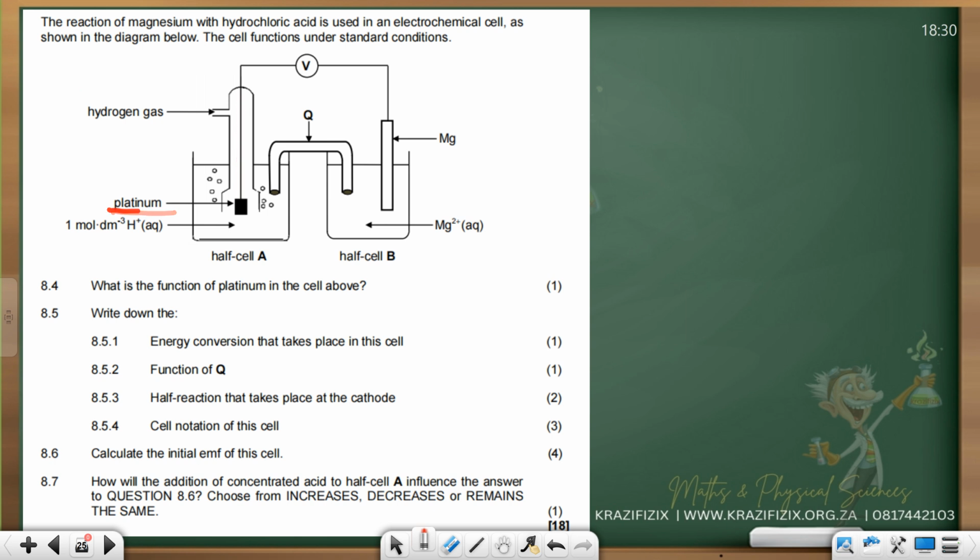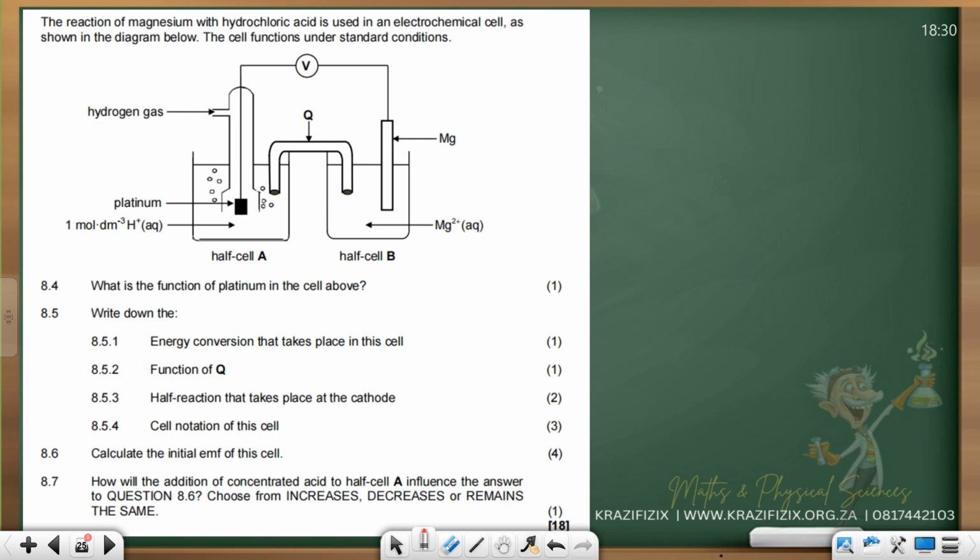That's why we use platinum. Number 1, it's a solid, so already we have fulfilled what a half cell should have: a solid electrode. Number 2, it's a metal, so it conducts electricity, but it will not react. Its job is just to allow electrons to flow. Electrons will flow from the anode to the cathode, and the flow of electrons is electricity.